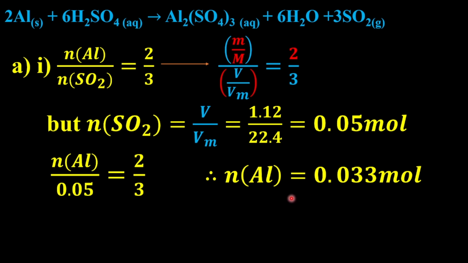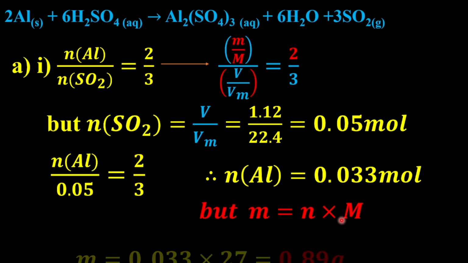Please take note, the question is not asking us to solve for mole. We want the mass of the pure aluminium. So what do we do? Since we know that this formula is applicable in our calculation, we just have to make M the subject, using the formula N is equal to mass over molar mass. So when we make M the subject, you have M equal to N times molar mass.